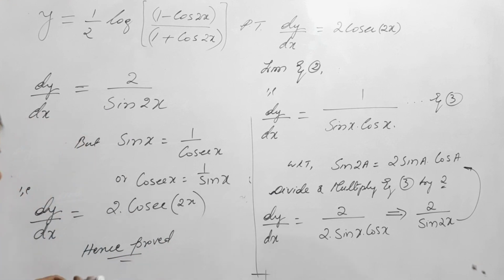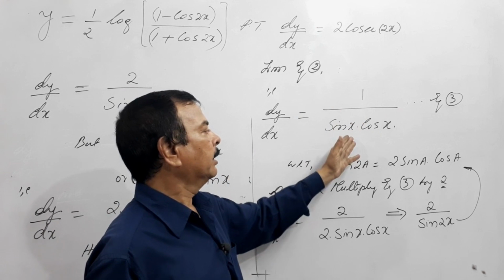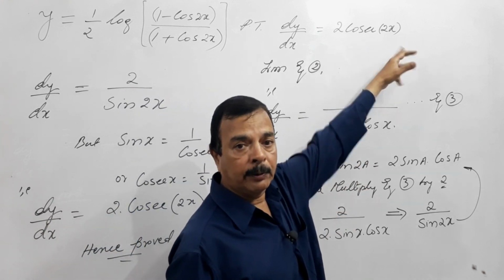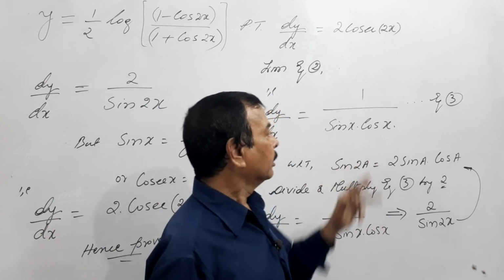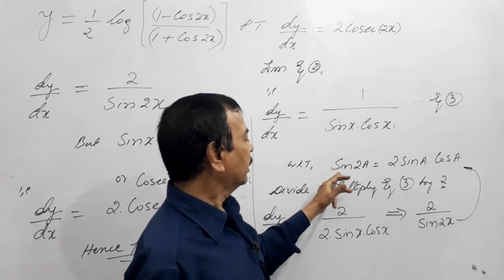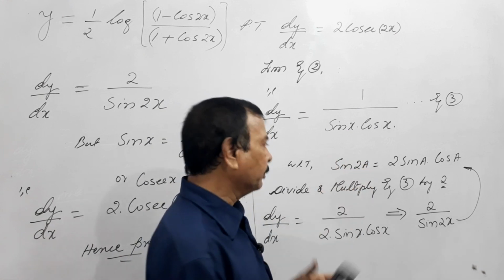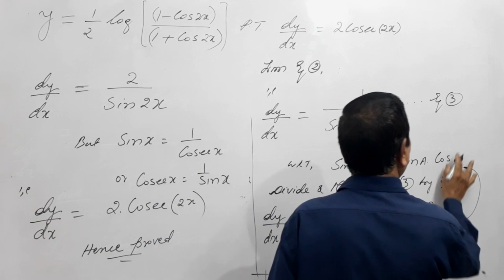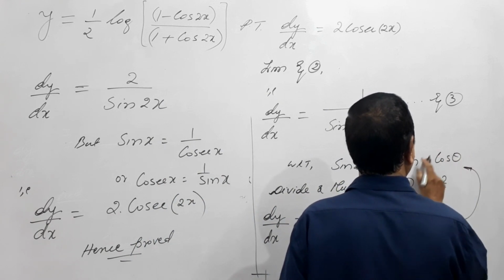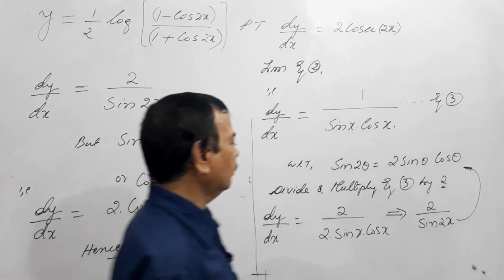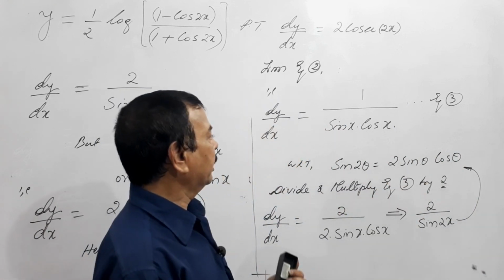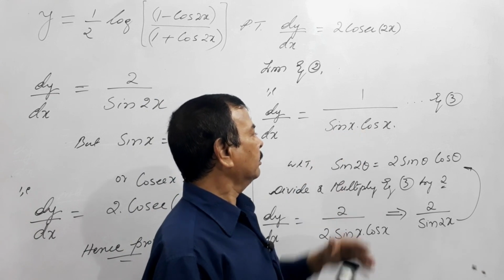What I have done, I repeat, I have taken dy by dx equals 1 by sin x cos x, but we want 2 cosecant of 2x. So how to go about it? We have the relation sin 2 theta equals 2 sin theta and cos theta, but here we have only sin x into cos x.